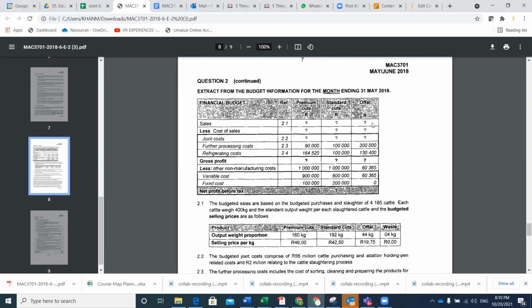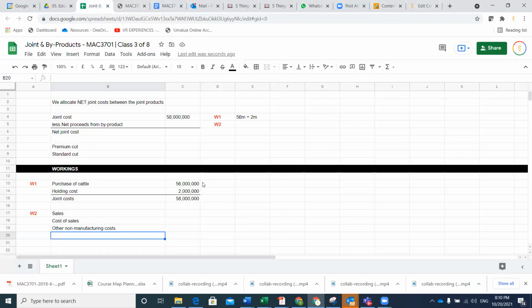So the two numbers we need to get are sales and joint costs. But what do we know? Because offal is a byproduct, there won't be any joint costs. So therefore, the only number we need to calculate is sales. But let's quickly get cost of sales. It is 200 plus 130, 400. So it is 200.